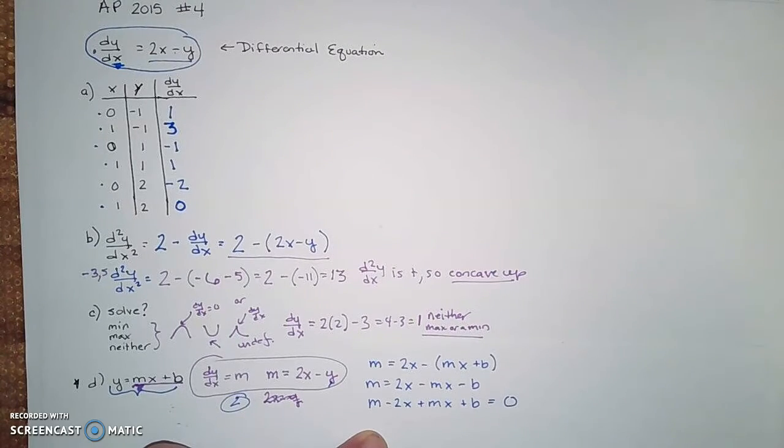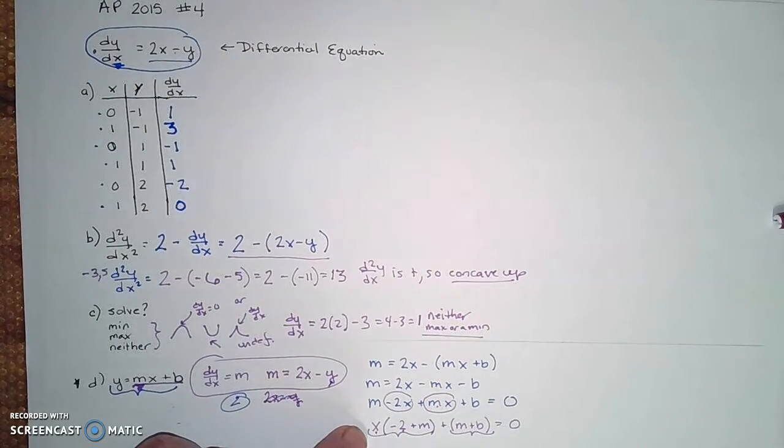So I shifted everything over, and I'm going to do a little fancy work here. After I moved everything to one side, I took these two terms and factored out an x. I'm left with negative 2 plus m, times x, and plus m plus b. I wrote this problem out so we can think of it in two separate pieces. Now, x could be any number, because x is a variable.